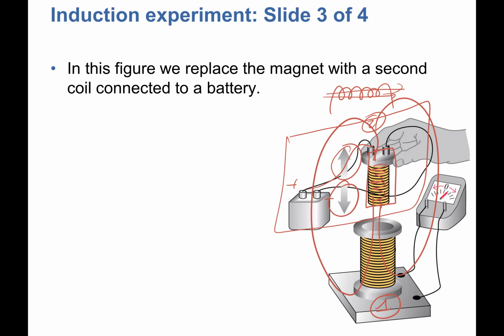The second coil has a current running through it, so it generates a magnetic field. That magnetic field goes through the first coil, and as it starts changing, because the second coil is moving toward the first coil, now there is a current.